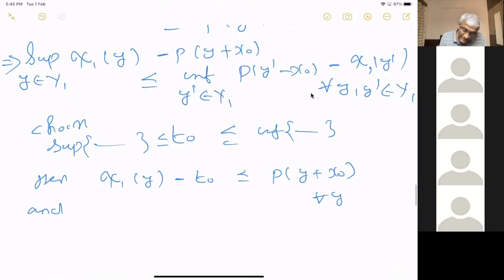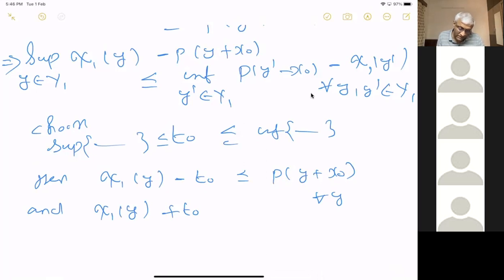And chi1 of y plus t naught, what is the other one? So chi1 of y minus t naught is less than this, and t naught is less than this.